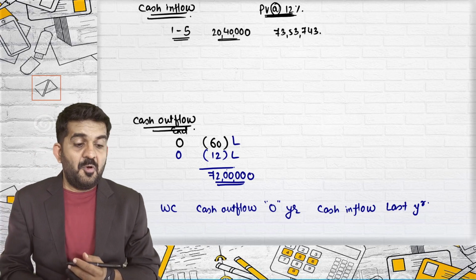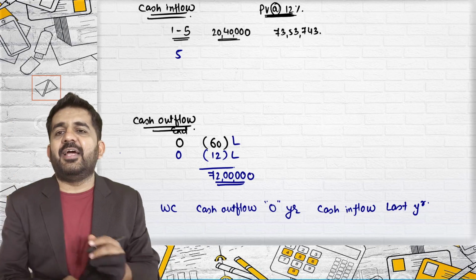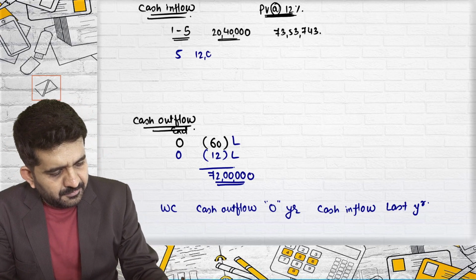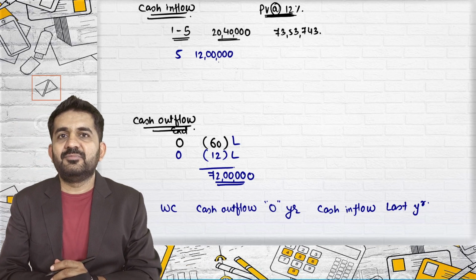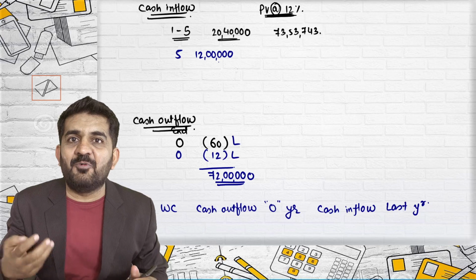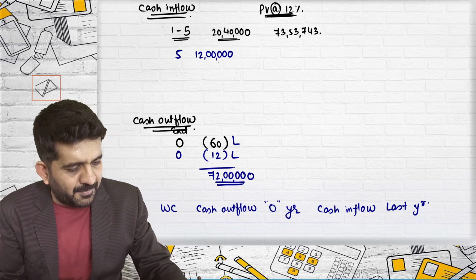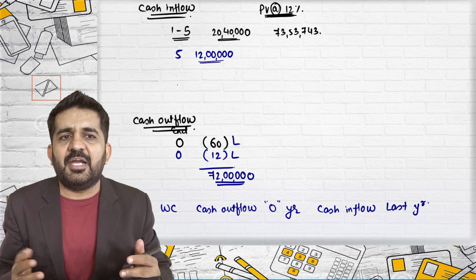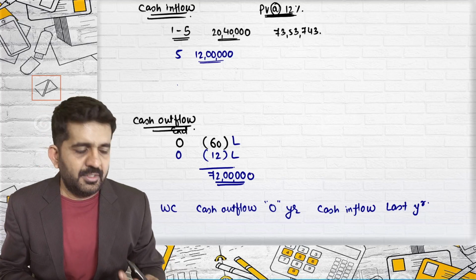Alright. Sir, it will be cash inflow at the end of 5th year. How much? 12 lakhs. Sir, we have already found out present value. Still, it is absolutely all right. You can also find out present value of this 12 lakhs separately. Whether you find out separately or combine it, your answer is going to remain same.